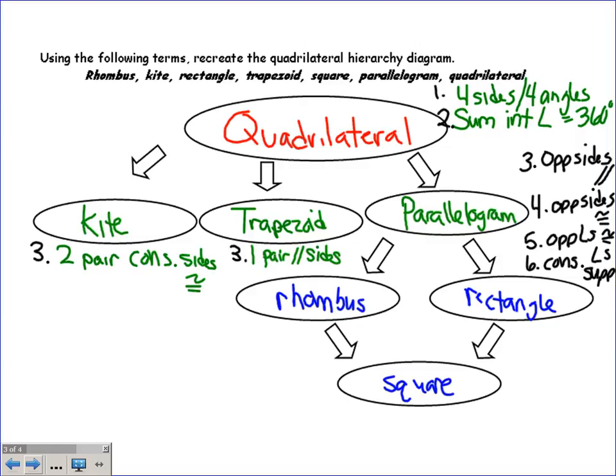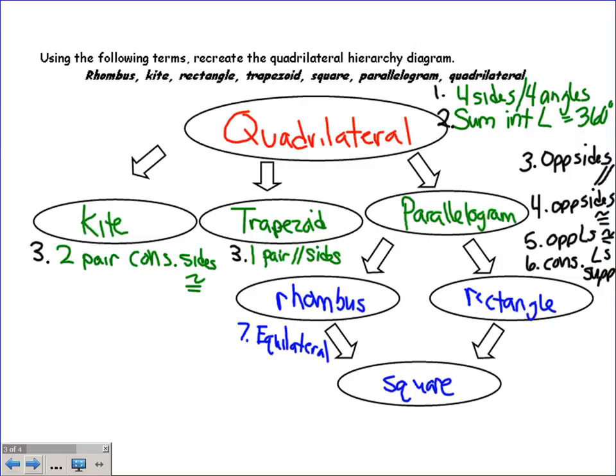It's also going to inherit these other 4 characteristics as well, so it has a total of 6. What makes a rhombus a rhombus? Well, the 7th characteristic is that it's equilateral. Okay, so all sides congruent means that it's equilateral.